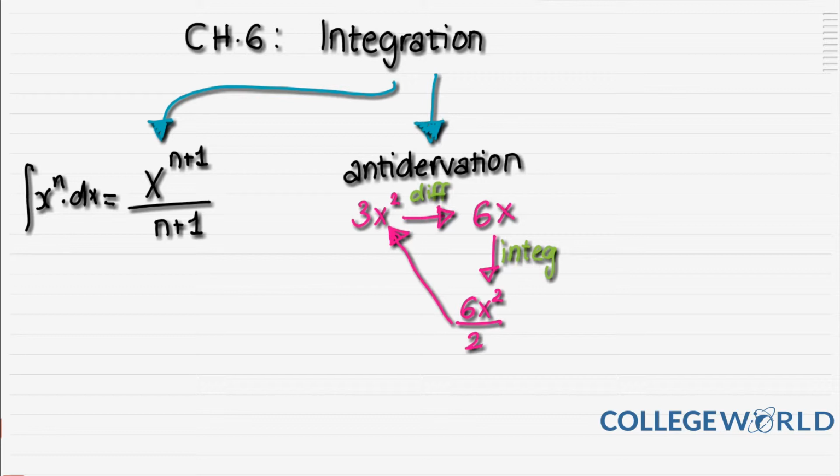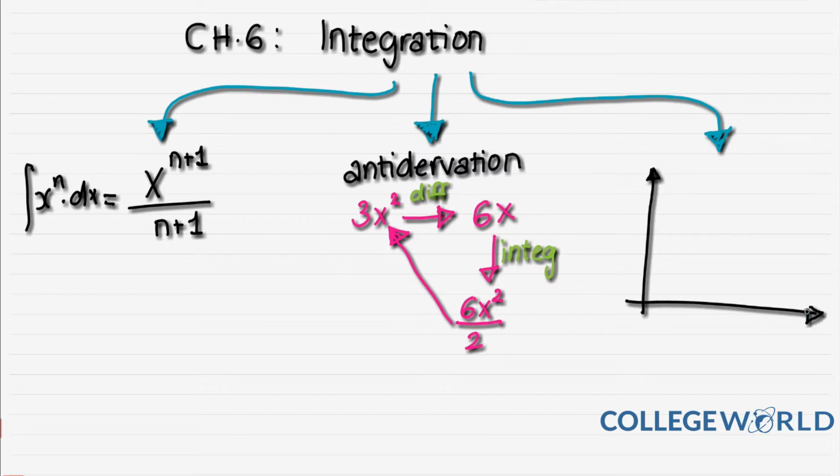And if we want to understand this even further, we can actually use the graphs. When we were thinking of graphs, let's say we had velocity versus time. This is velocity and this is time, and we had a certain curve here.